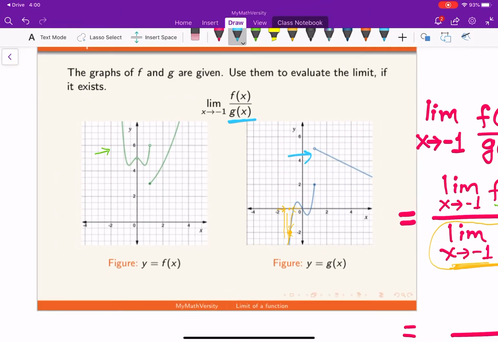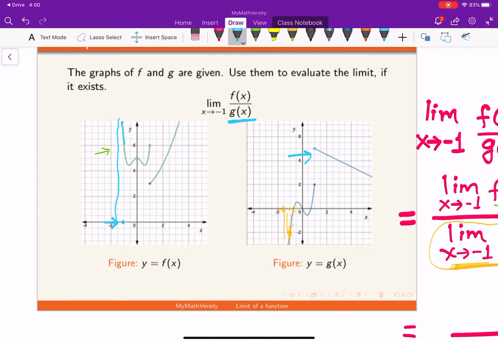So we now need to find the limit of the function f when x gets closer and closer to -1. -1 on the x-axis is over here. Let's go closer and closer to -1 from the left side. When we do that, the height of the curve is getting closer and closer to something. If I am somewhere over here, the height of the curve is determined by this part, which is outside the window.